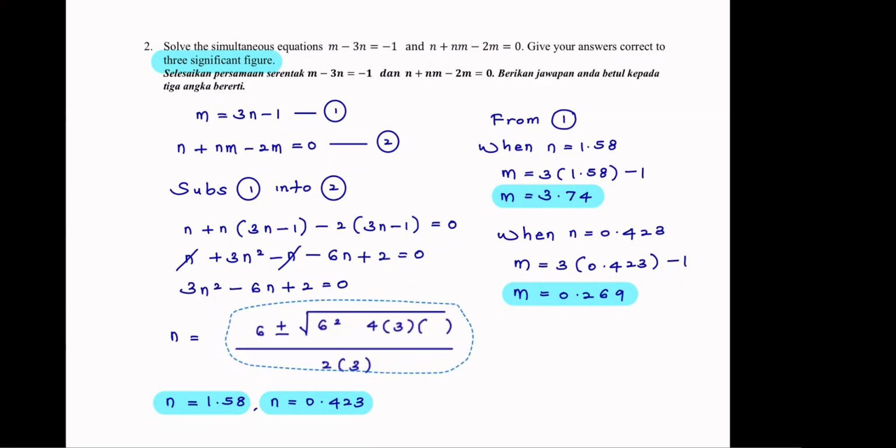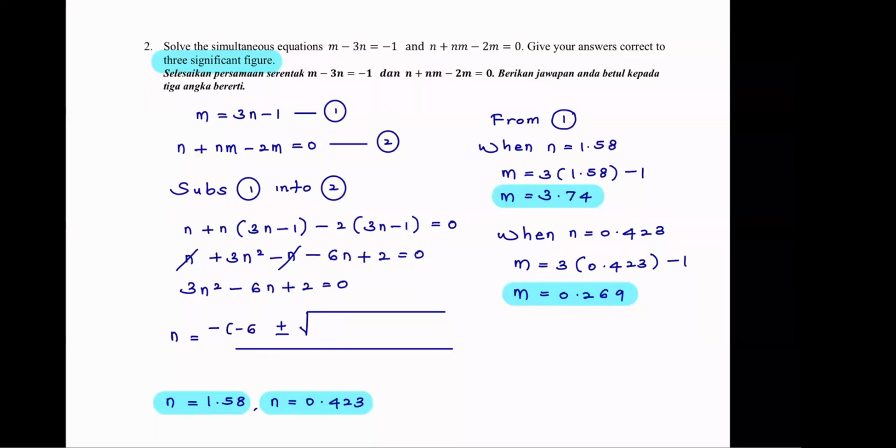This is negative 6. B minus 4AC. 4A is 3, C is 2. 2A. Okay, done.